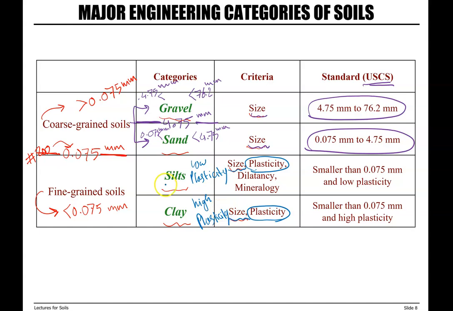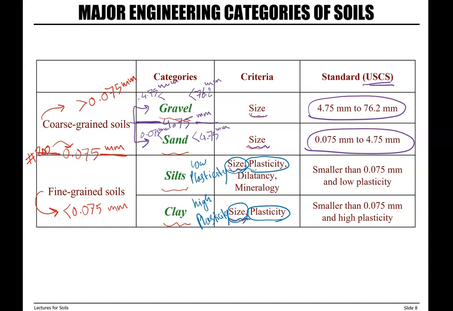So silt is particles smaller than 0.075 millimeter with low plasticity. Clay is particles smaller than 0.075 millimeter, but it has high plasticity. So it's both size and plasticity.